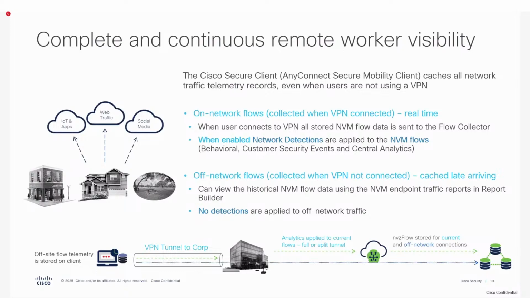So we've got different ways that we can get that data up to Secure Network Analytics, both on and off network collection methods, where you're able to gain visibility into those endpoints that you would normally not have seen through traditional telemetry sources, like capturing NetFlow from, say, an access layer switch in a campus office or a branch office, for example.